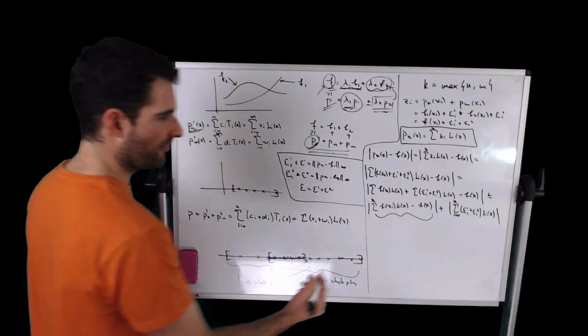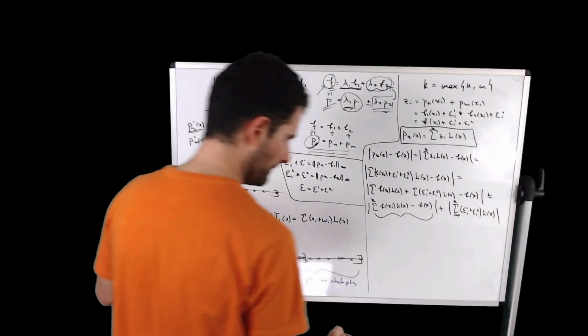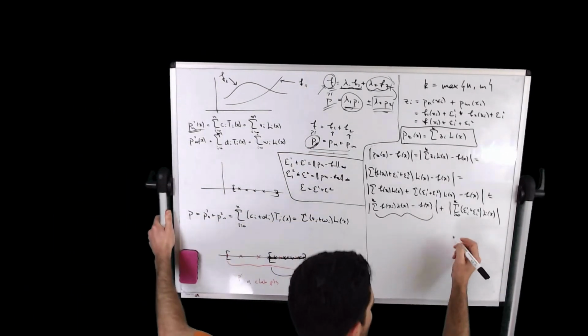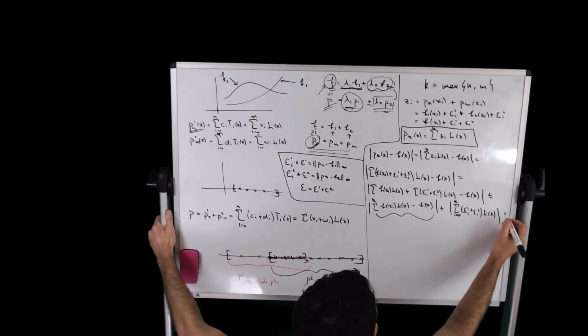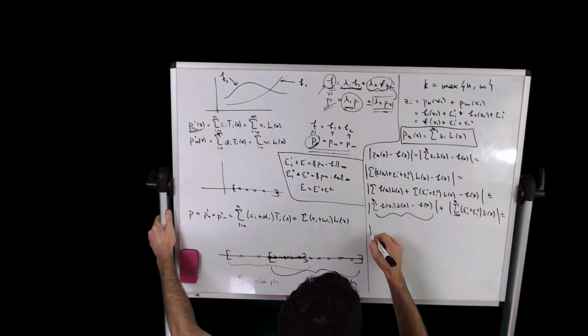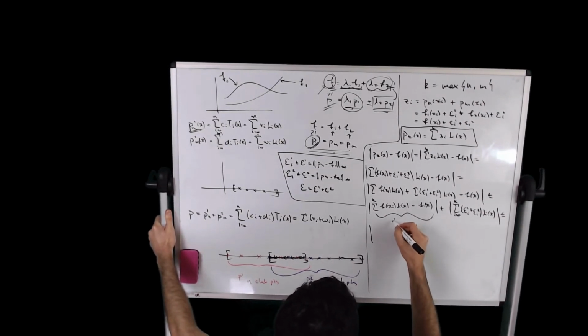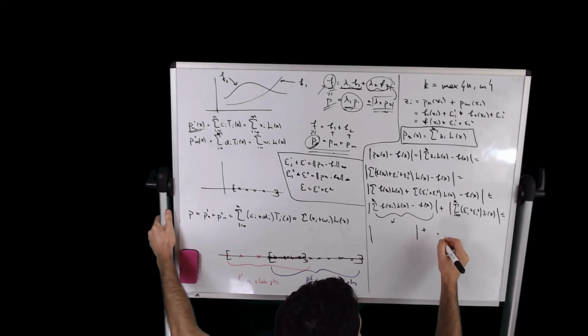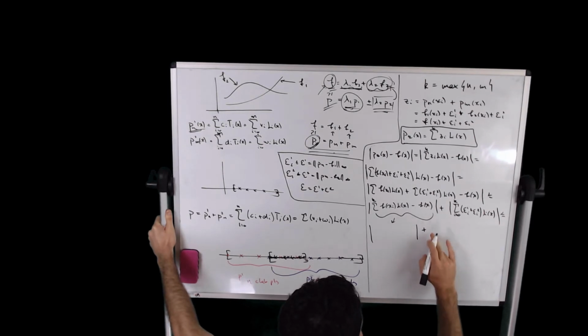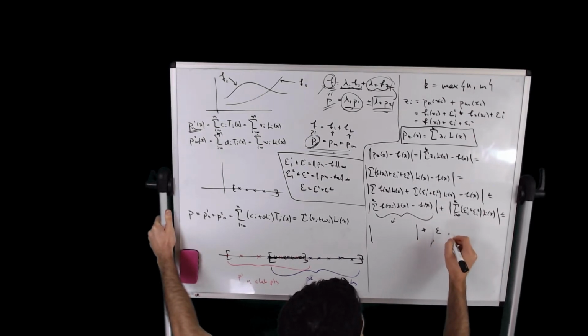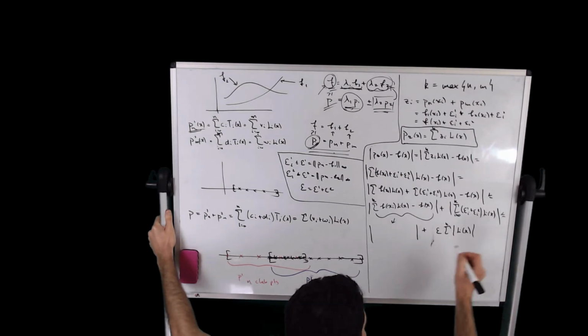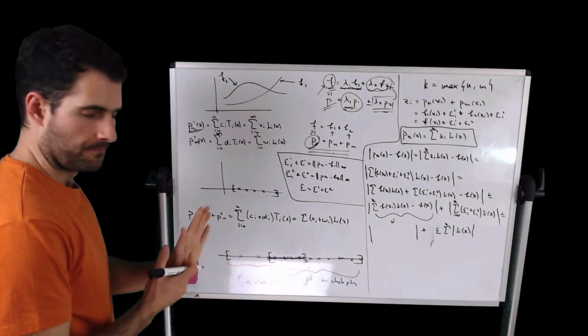What we know is that this term over here is going to be less than or equal to epsilon times the sum of the absolute values of Li of x, right?